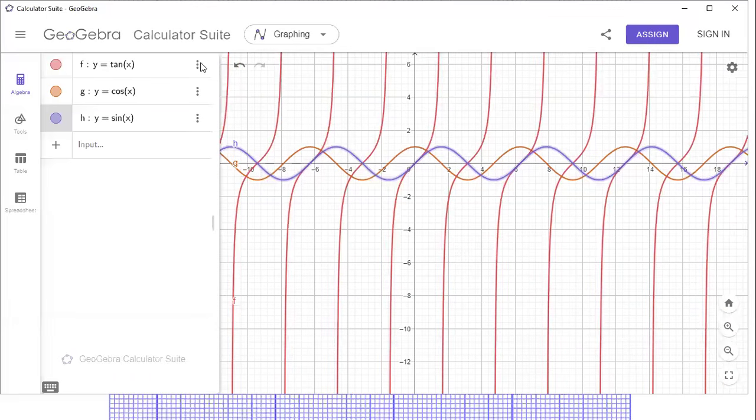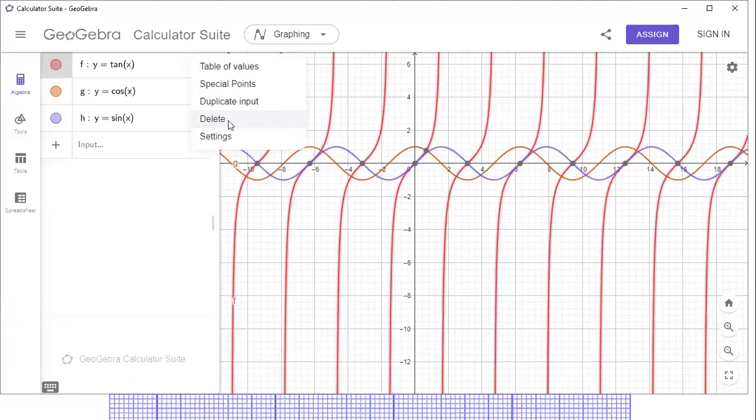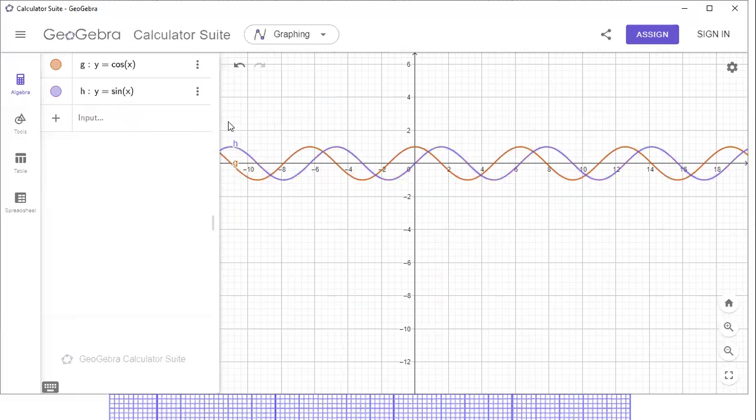Let me remove the tan so members see the difference between a cos and a sine curve. A sine curve is the one in blue. A sine curve will pass through 0 here. A cos curve is just maximum at 0. So you need to know the difference between the curves. One is leading, another one is lagging.